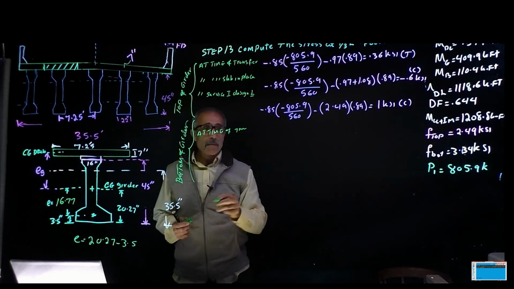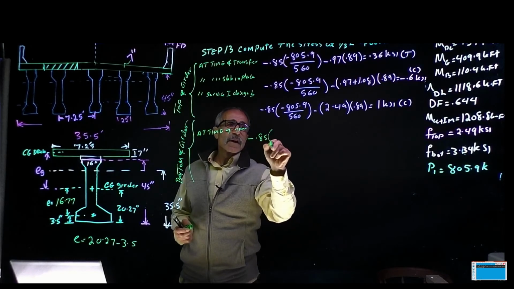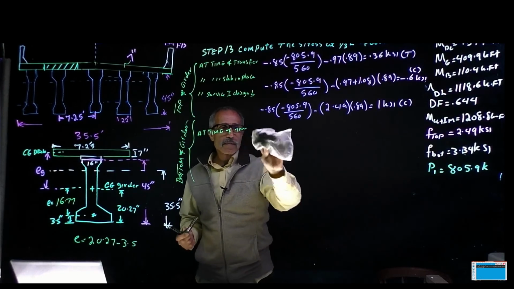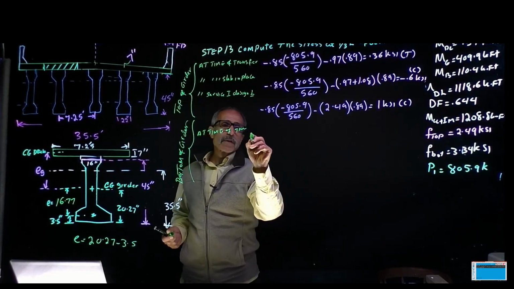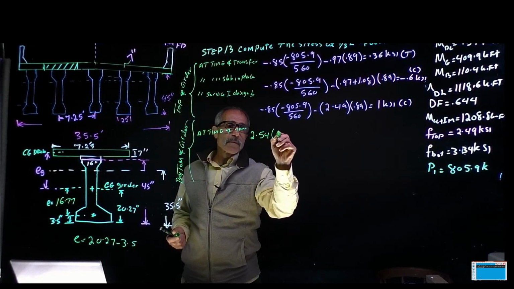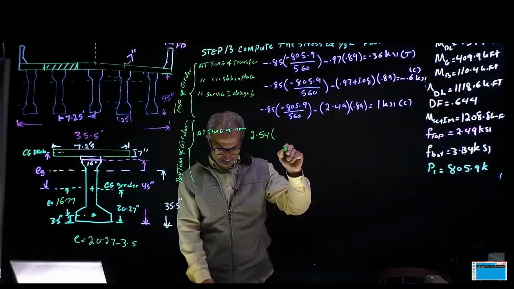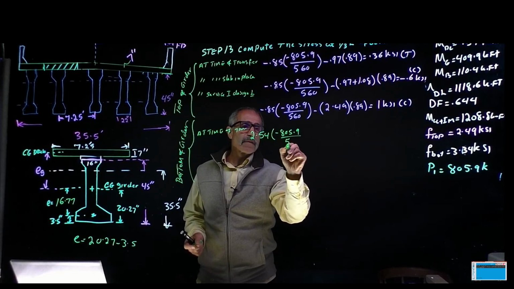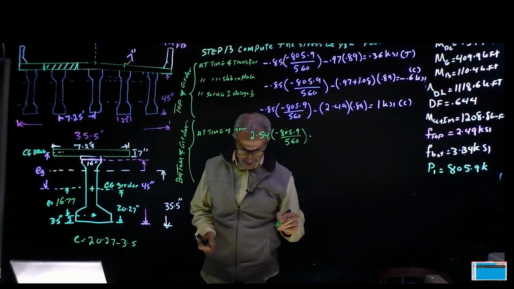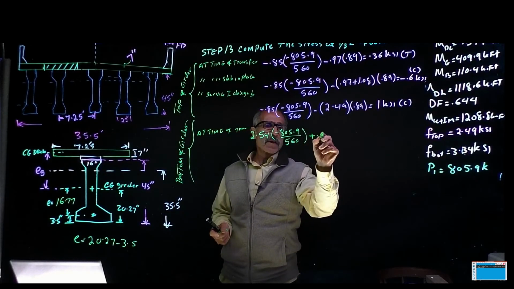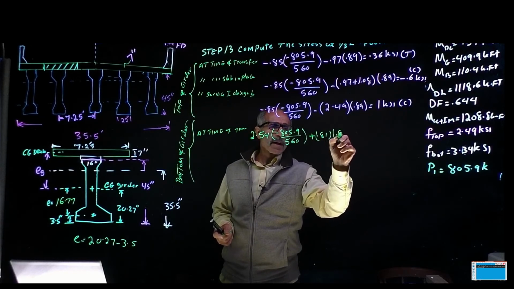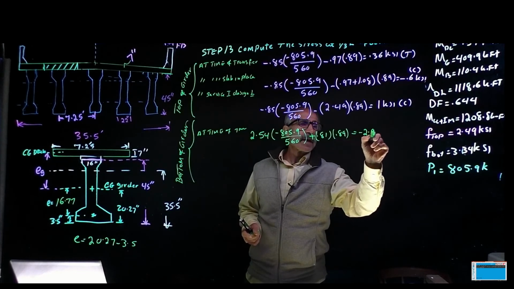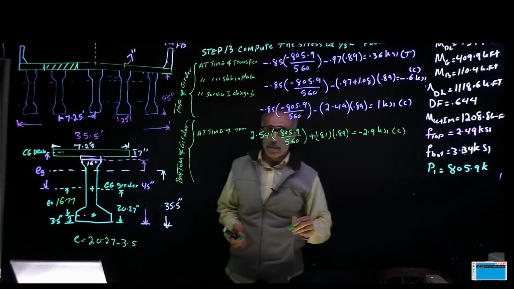So it's going to be minus 0.85 times, no, it's not minus, it's the other equation from the top one. 2.54 times minus 805.9 divided by 560, that's going to be actually plus 0.81 times 0.89, and that gave me minus 2.9 KSI in compression.